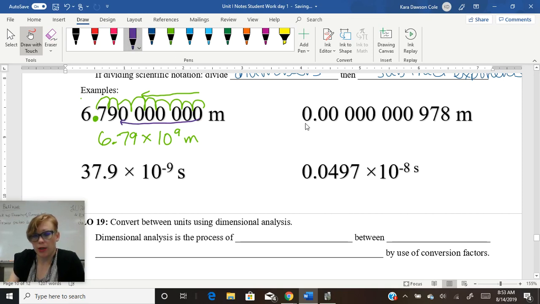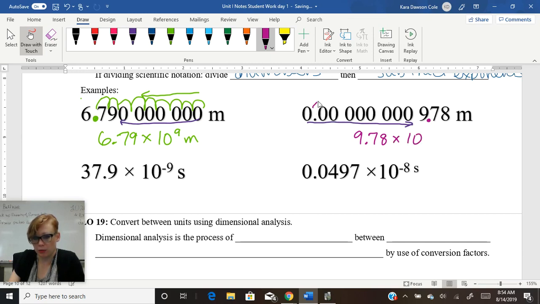Okay, then this next one. Again, the decimal point's present, so I'm going to go into the number until I hit a non-zero. Here's my non-zero. This is my first significant figure, which means that my decimal point needs to go between the first and second non-zero number or significant figure. So 9.78 times 10.